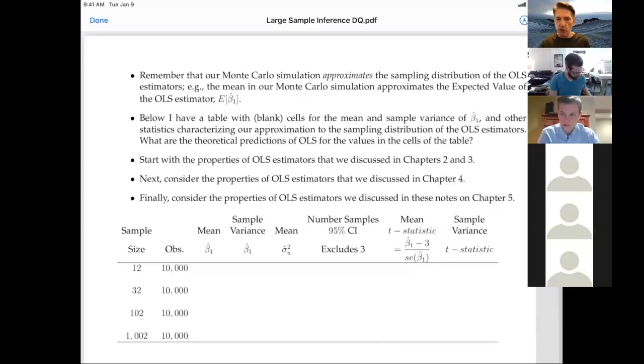And so the first person needs to tell me what you can say based upon the information we had from chapters 2 and 3. Samaher, what can we say based upon what we know from chapters 2 and 3?